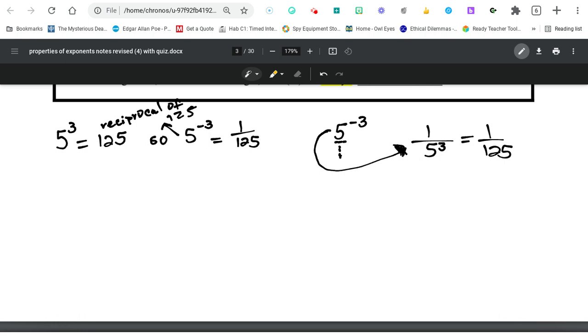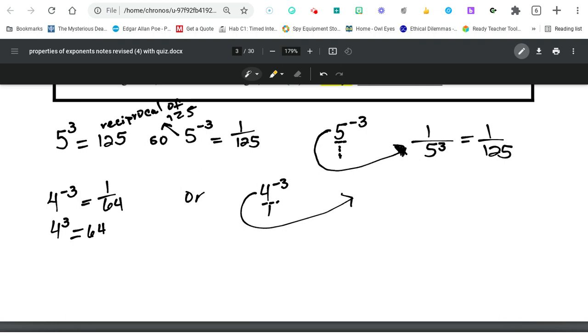So if I gave you 4 to the negative 3rd power, you could say, okay, well, 4 to the 3rd power is 64. So 4 to the negative 3rd power must be 1 over 64. Or you could go this route. You could say, it has a negative exponent. Let me use the reciprocal of base 4.